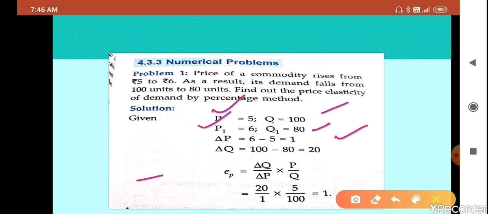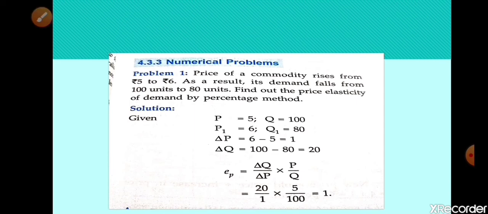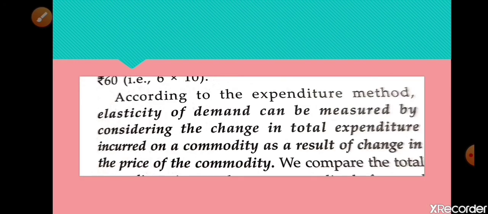I hope you understood. Now we are moving to the second method of measuring elasticity, that is the total expenditure method. In this method, we calculate the elasticity by seeing whether expenditure remains constant, falls, or rises. There are two changes in the commodity, maybe a fall in price or maybe a rise in price.